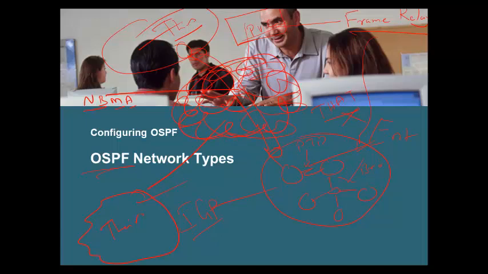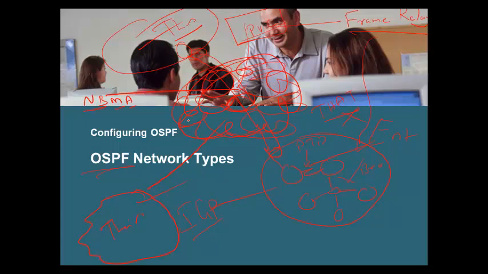In such an environment, when we run OSPF between these sites, which is running frame relay, what does that mean? OSPF is going to run on top of frame relay.